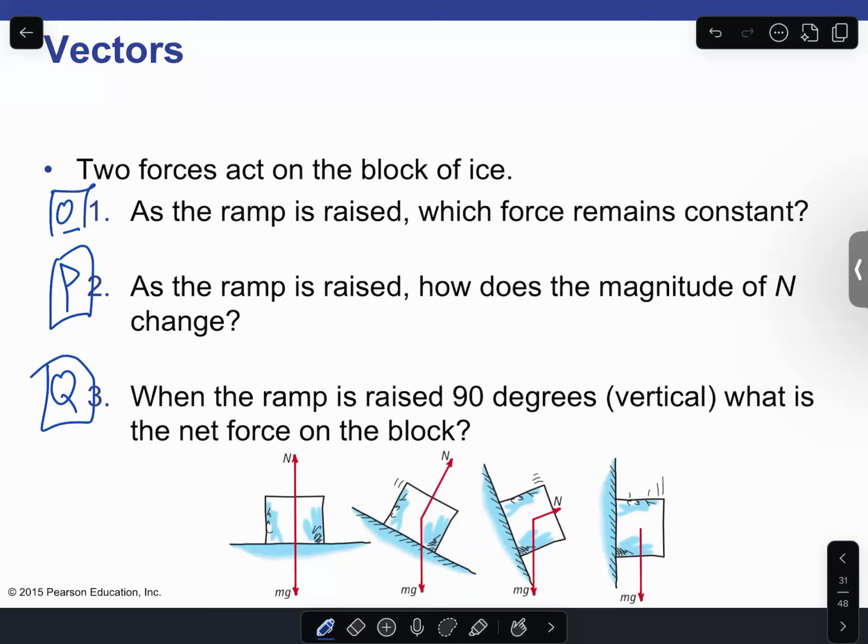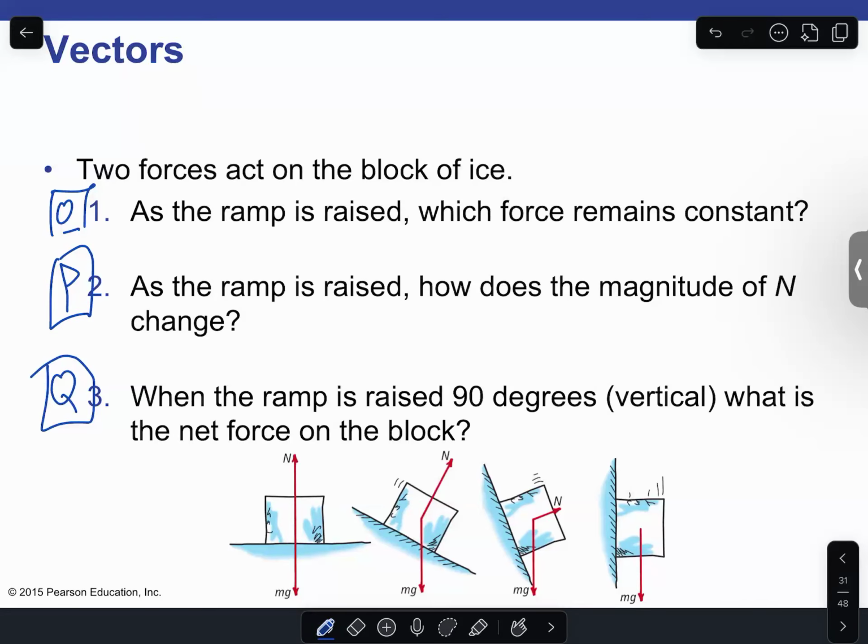I had a whole bunch of people tell me 9.8 meters per second squared in the last class. I'd like to emphasize that meters per second squared is not a force. I'm looking for an algebraic expression that allows me to calculate the net force on the block. TLDR, for Q, tell me force, not acceleration.